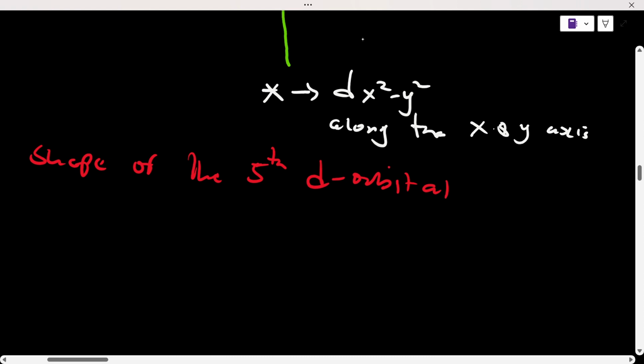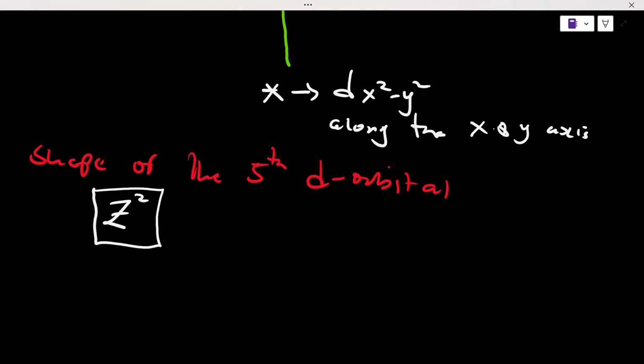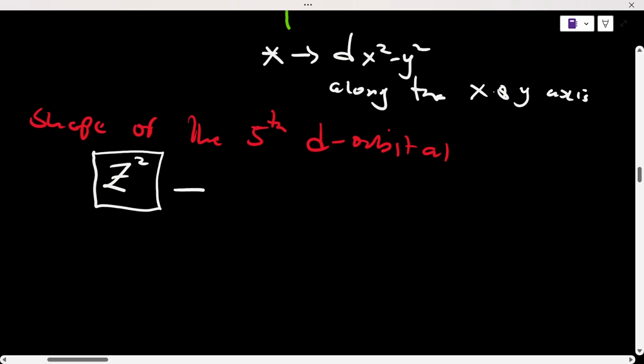So we said initially that the fifth d orbital takes the z squared. So most of the time whenever you are drawing this shape, we are interested in the z squared, and we are going to call it dz squared.